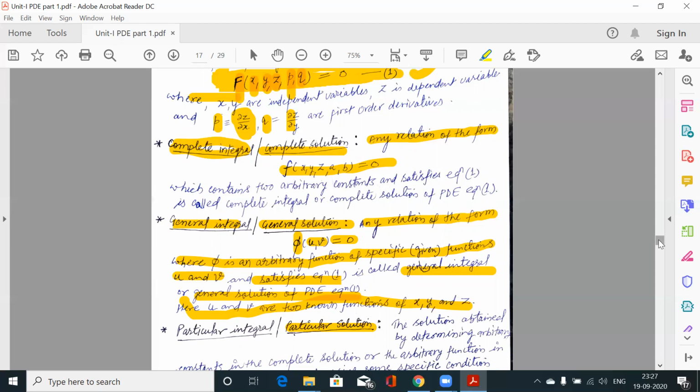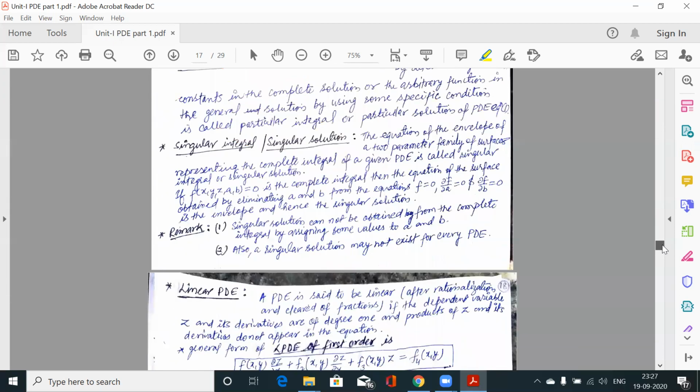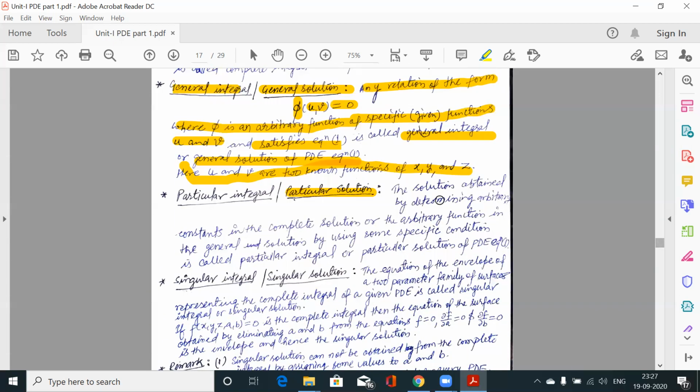So the definition is: the solution obtained by determining arbitrary constants in the complete solution, or arbitrary functions in the general solution, using some specific conditions is called the particular integral or particular solution of the PDE.